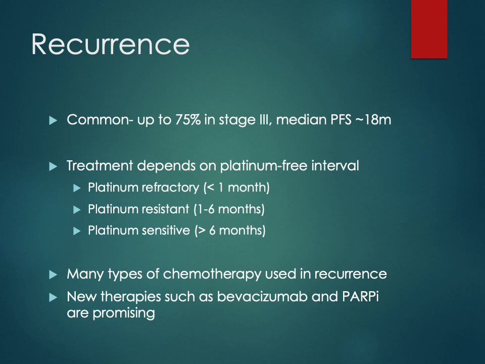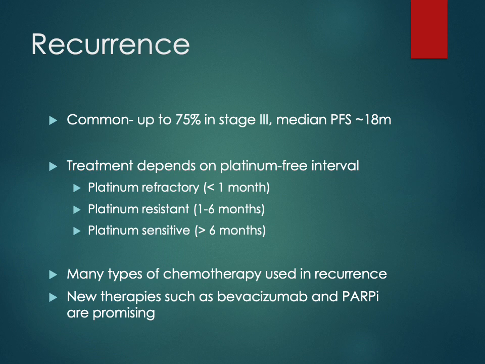For women, if the interval between their last dose of platinum and the recurrence is less than a month, they're considered platinum refractory. If it's 1 to 6 months, it's considered platinum resistant. Women who are platinum resistant we consider incurable from an ovarian standpoint, and the goals of care shift to disease control.